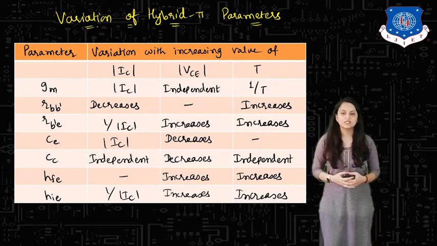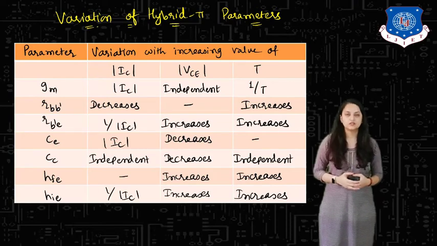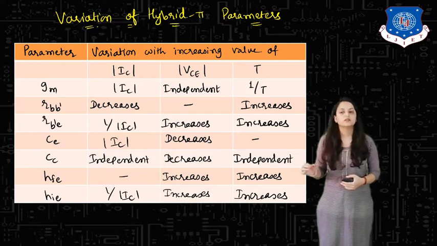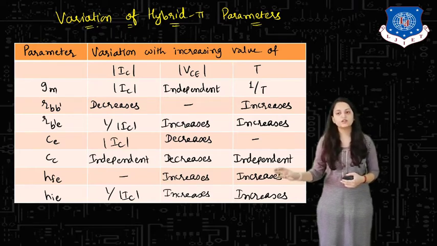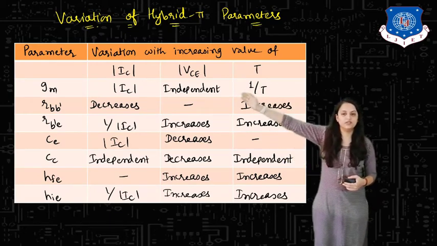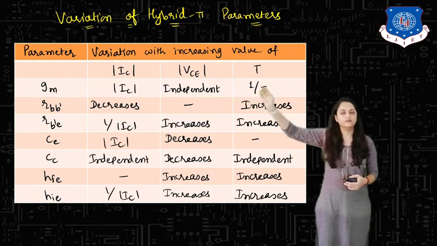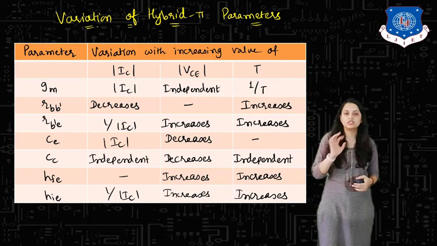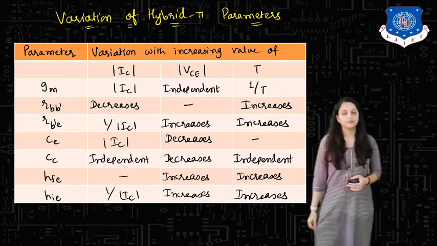So first of all, let us consider parameter GM, that is transconductance. If we increase the value of IC, collector current, then GM will increase. GM is independent of VCE, and the effect on GM will be 1 by T, because the relation of GM and temperature is inverse, that we have already seen.